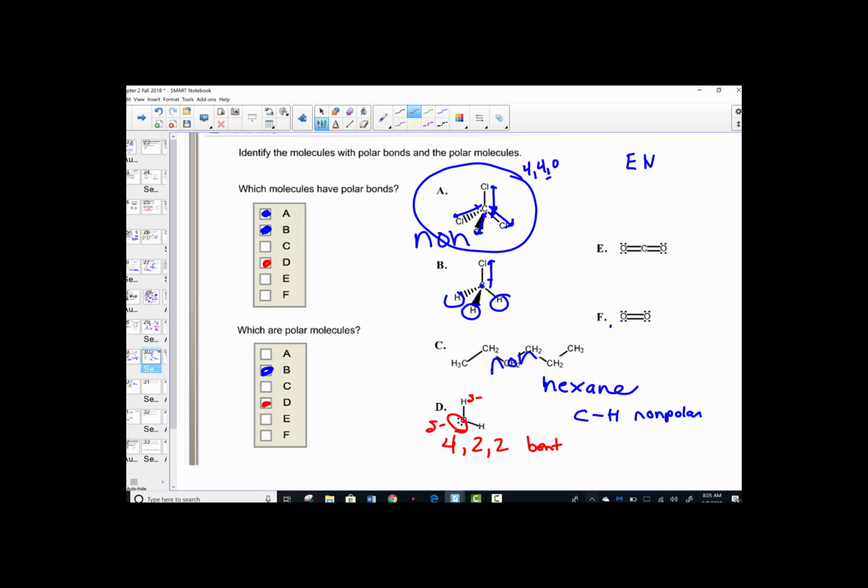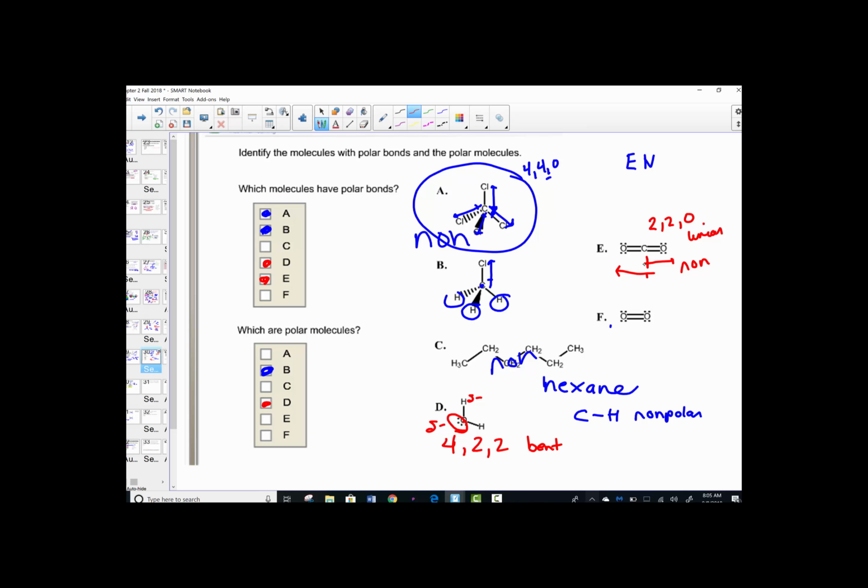How are you doing? We just talked about this one a moment ago. We see that there's an equal distribution of pull on the carbon. Remember, it's 2-2-0, linear. Since the 2 domains are exactly the same, and they're being pulled evenly in both directions, it's a nonpolar molecule. However, the bond itself is polar because oxygen is far more electronegative than carbon.